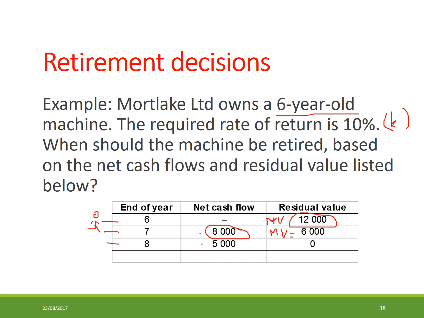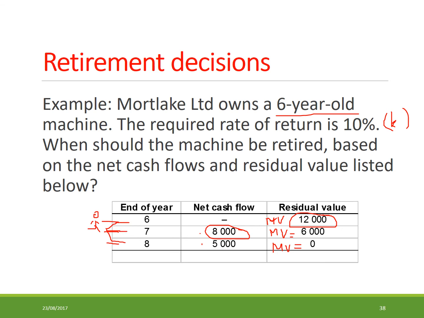So we will get 2 cash flows, one in year 7, one in year 8. But then when we sell the machine at that time, we don't get any value. At this time, the machine is worthless. So we could think of this decision as comparing 3 mutually exclusive projects.